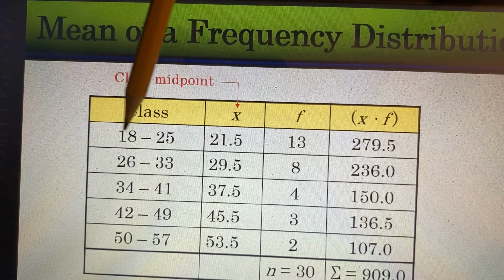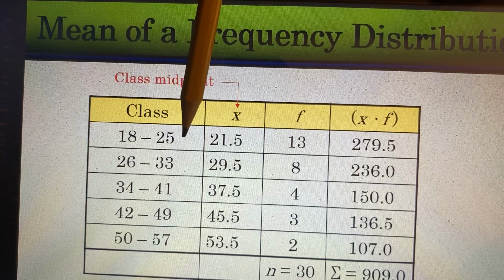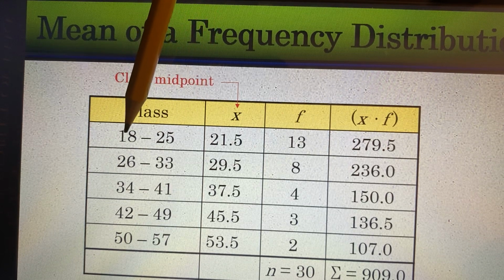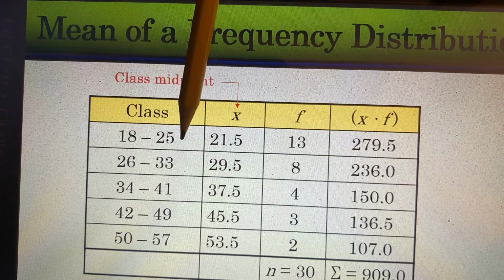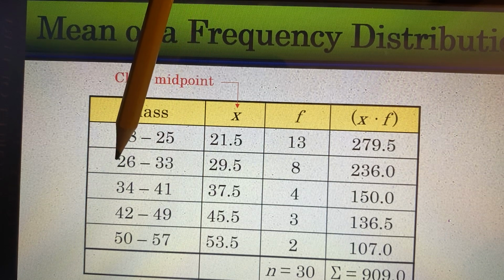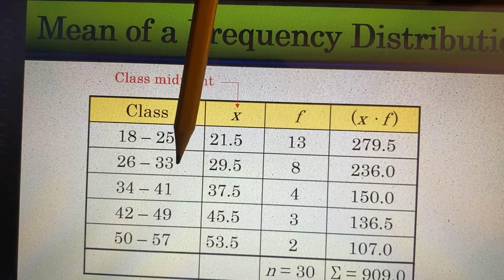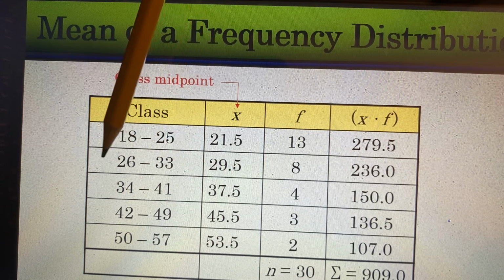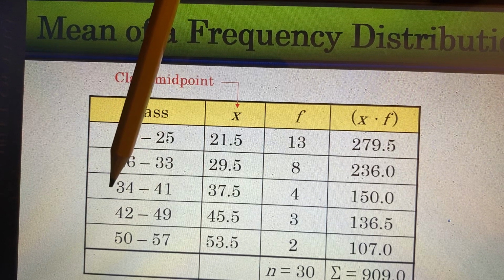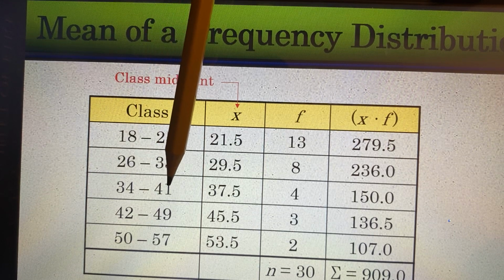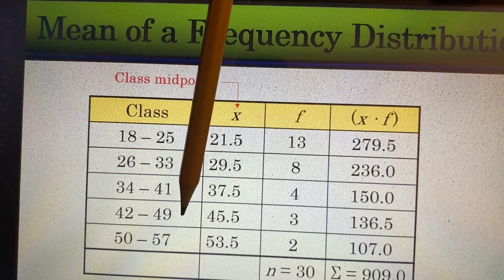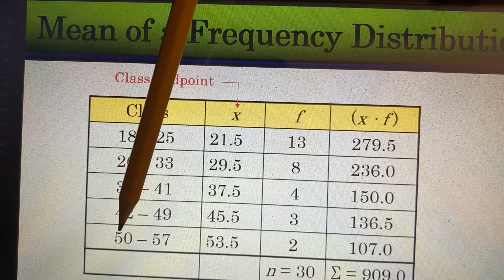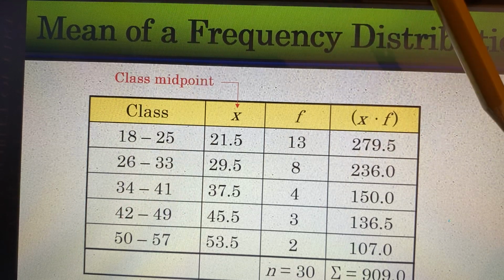Here, the data is grouped together. This is saying anyone from 18 to 25 would be in this class or group. Anyone ages 26 to 33 would be in this class. The next class is people ages 34 to 41, then ages 42 to 49, and then ages 50 to 57.